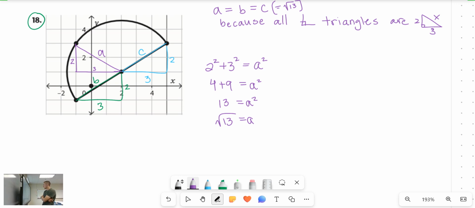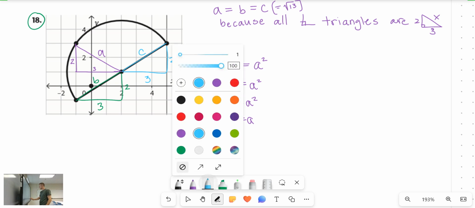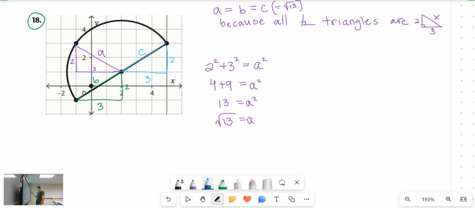Which means that the perimeter of the entire thing is going to be B plus C, which is the square root of 13. So let's open up a perimeter tab here.